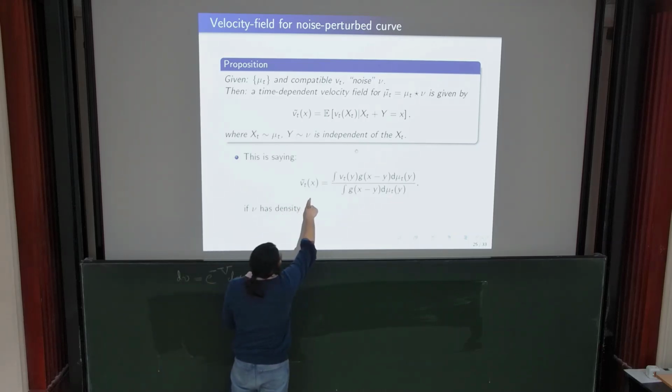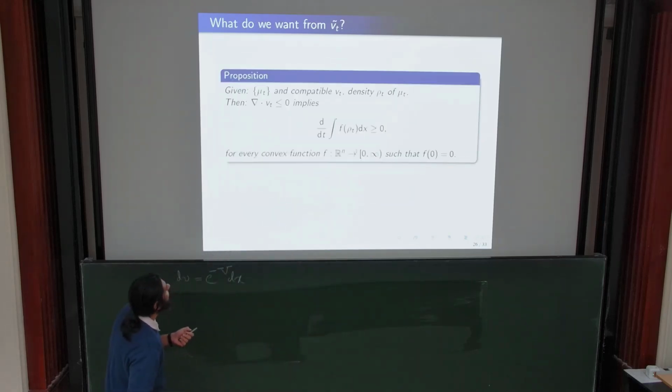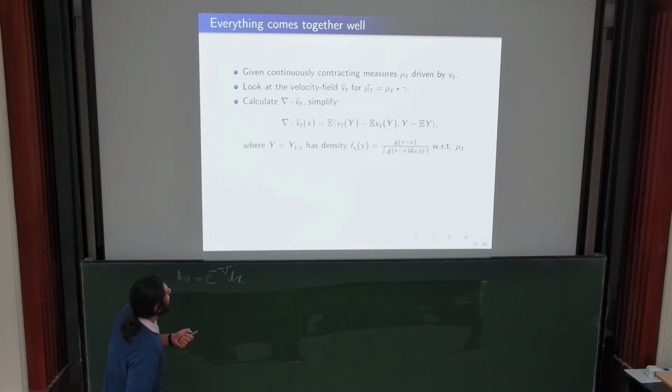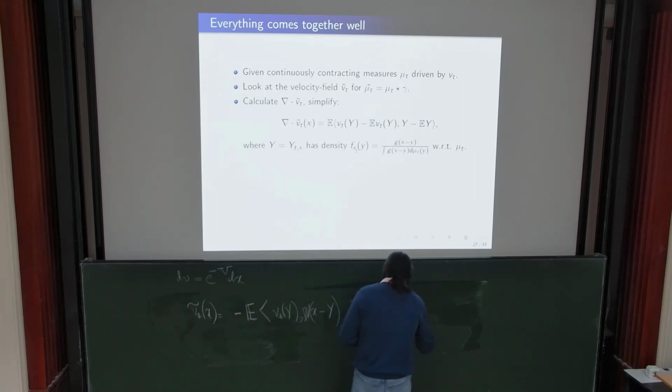I just needed to take a covariant gradient, then take the inner products and move the gradient to this thing. So this is what I would have.